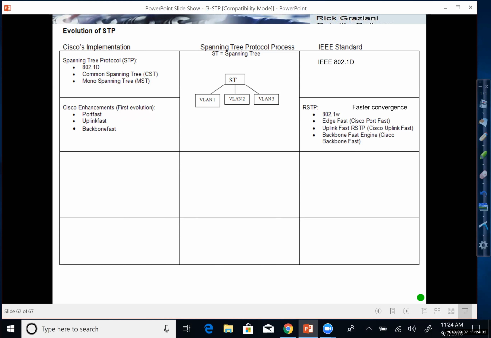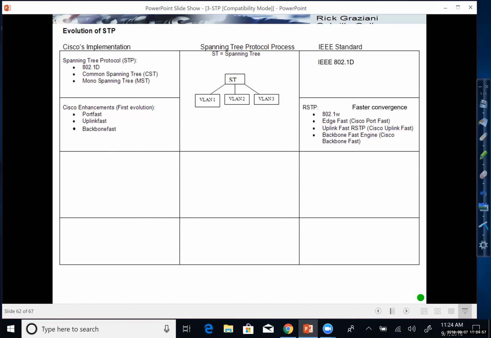What happens, and this is very common in the industry, is vendors try things out, because customers are asking for these things and requesting certain kinds of enhancements. So vendors then add these enhancements to their portfolio, to their devices.